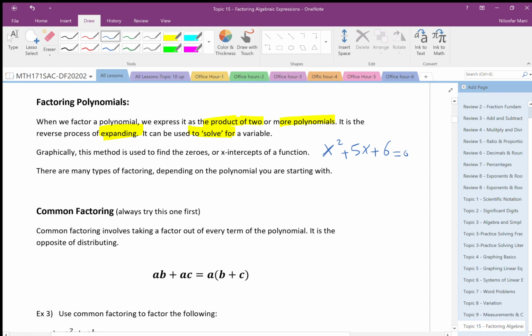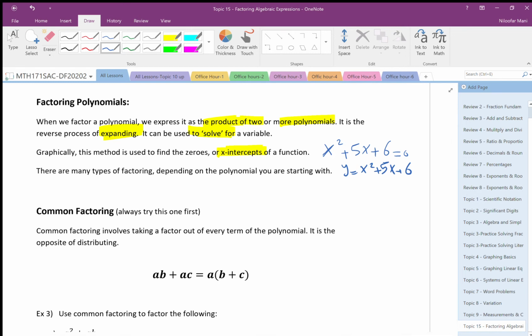Solve this equation to find x. The meaning is you are finding x-intercepts, because you are finding where y equals x squared plus 5x plus 6 touches the x-axis. It means what is x when y is 0, and we know that's the definition of x-intercept.